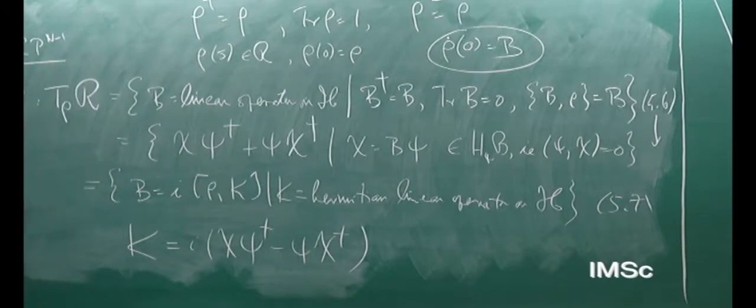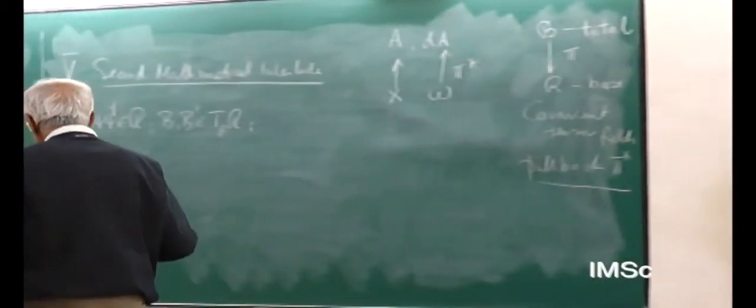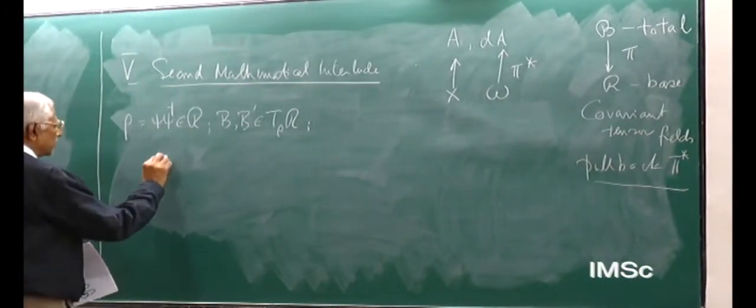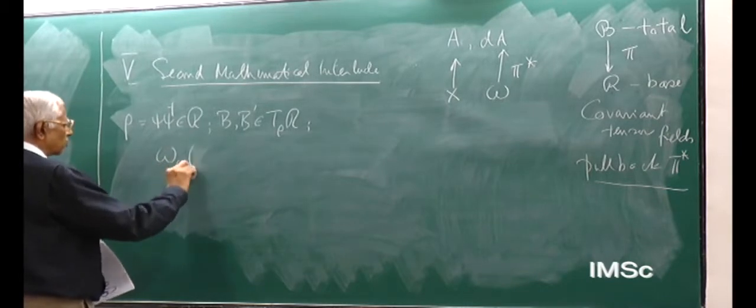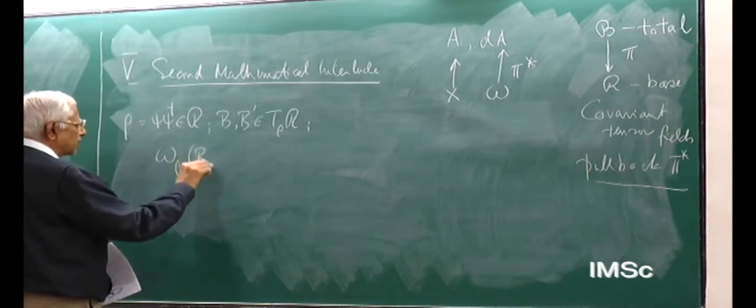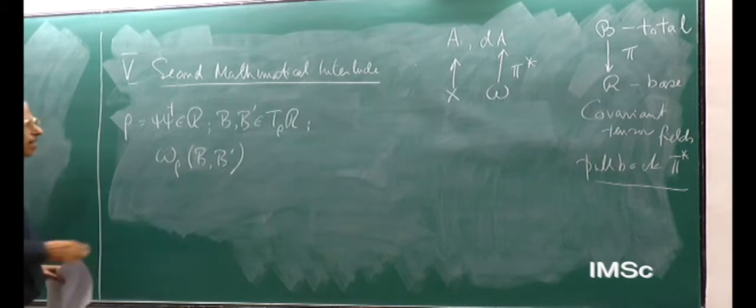So now I have to tell you this 2 form omega at rho: what does it do to a pair of tangent vectors at rho? I have to specify the value of this as a real number, linear in B prime, and antisymmetric in B and B prime. If I have done that, I have given you what omega is.